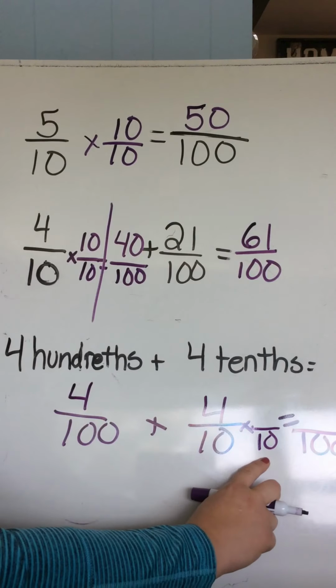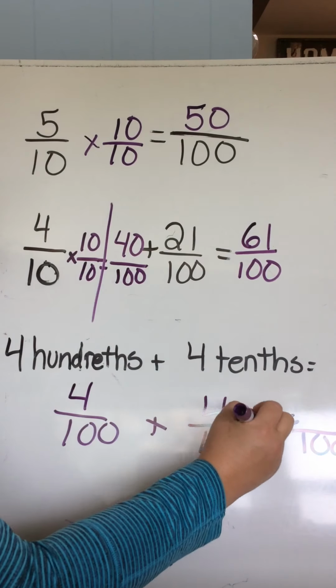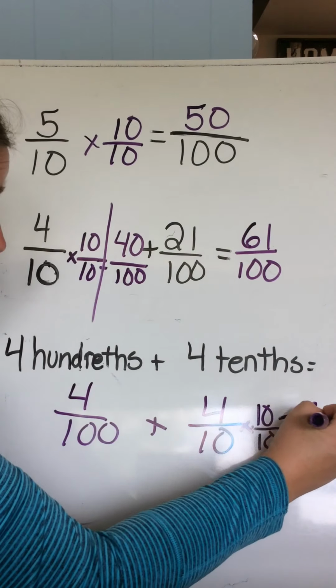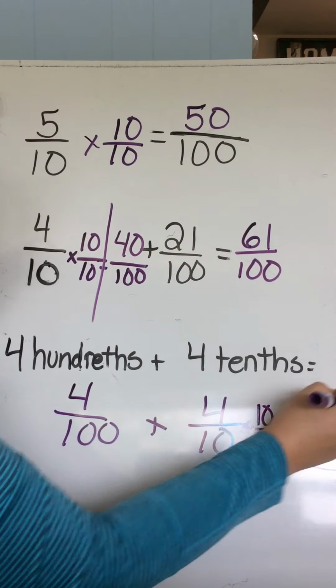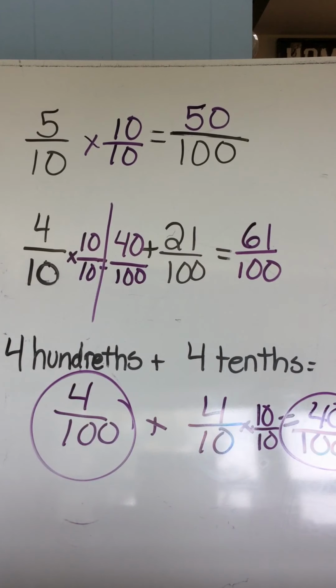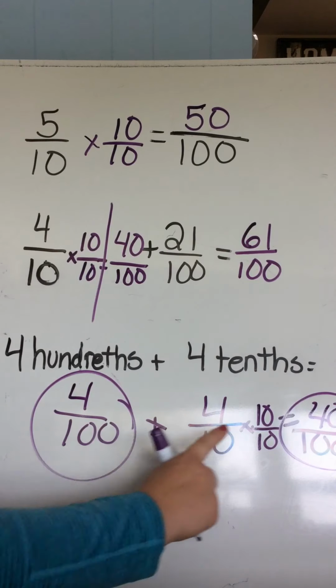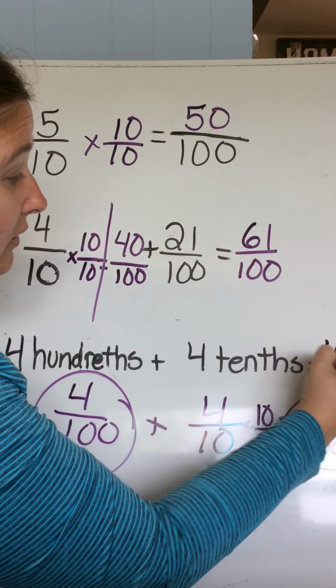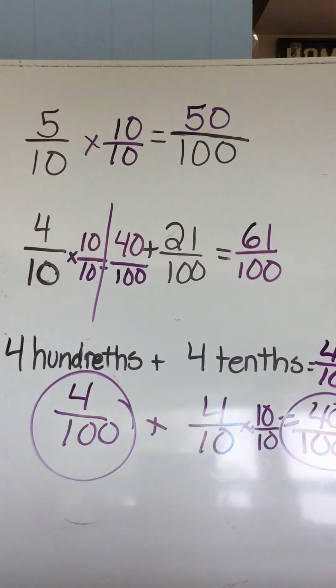So if I multiply by 10 on the bottom, I have to multiply by 10 on the top. So 4 times 10 is 40. So now I can take this fraction plus this fraction and add them together because they are parts of the same whole and they have the same denominator. So 4 100ths plus 40 100ths gives you 44 100ths.